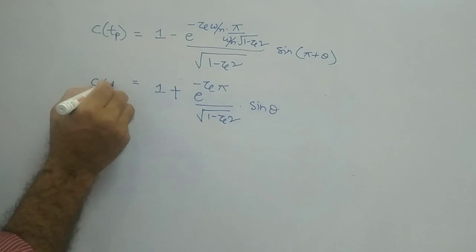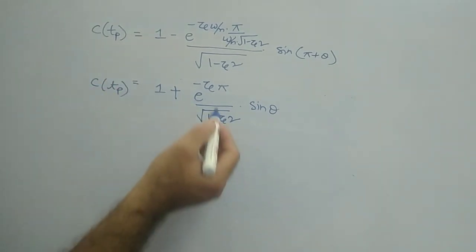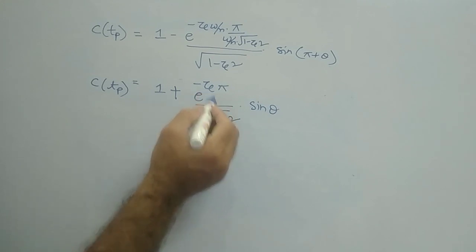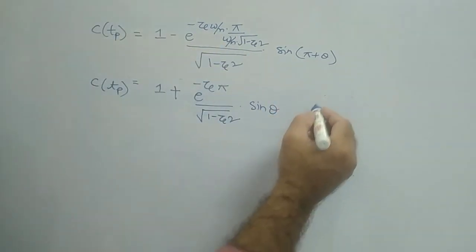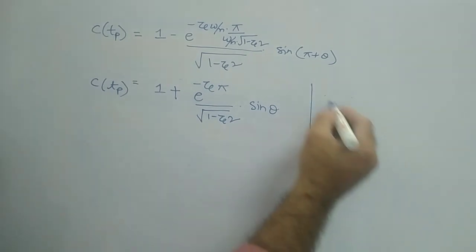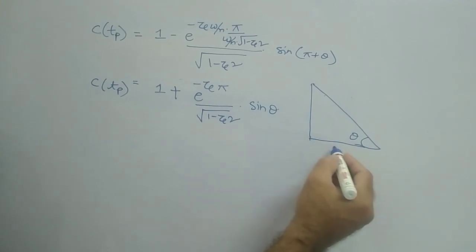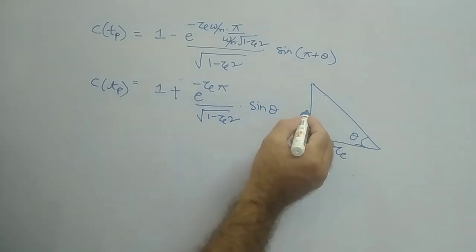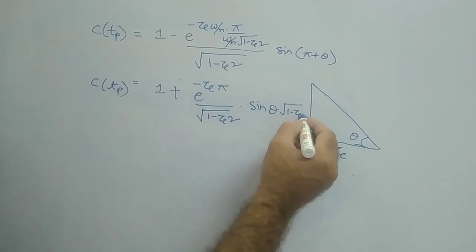Here, if you construct a right angle triangle between the parameter zeta and square root of 1 minus zeta square, let us take one side as zeta and the other as square root of 1 minus zeta square.